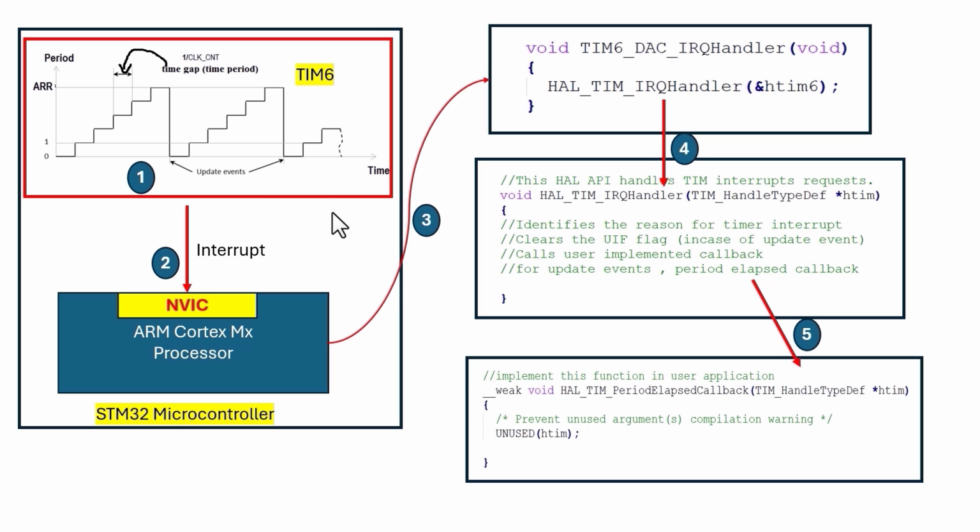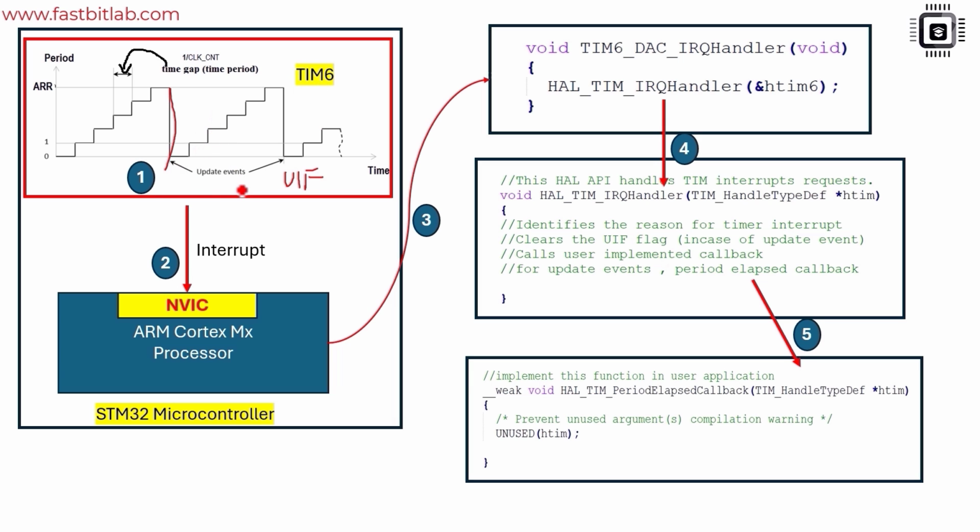Now let me just summarize what all happened here. First of all, you have your microcontroller and there is a timer 6 peripheral. First, an update event happens inside the timer 6 peripheral whenever the counter overflows. Then the UIF flag is set in the timer 6 peripheral.